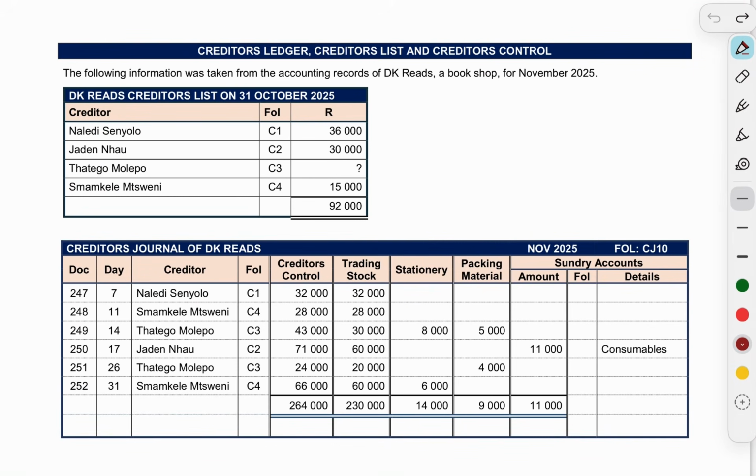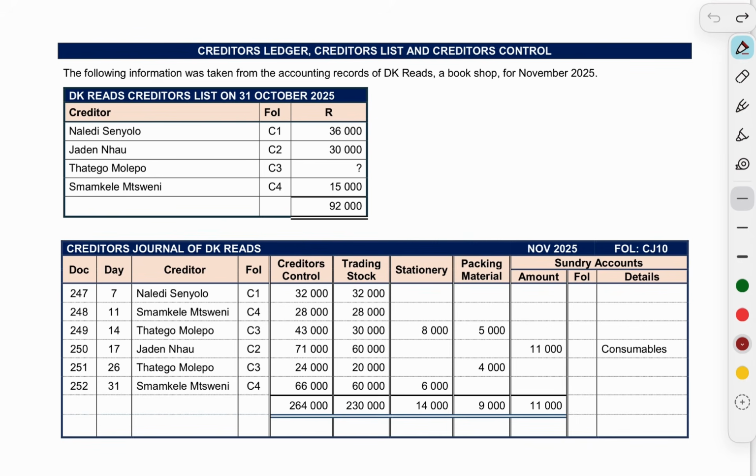So, in this lesson, we are going to be looking at the creditors ledger, the creditors list, as well as the creditors control. Okay, let us get right into it.